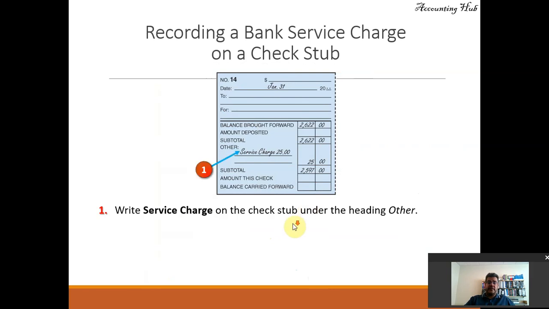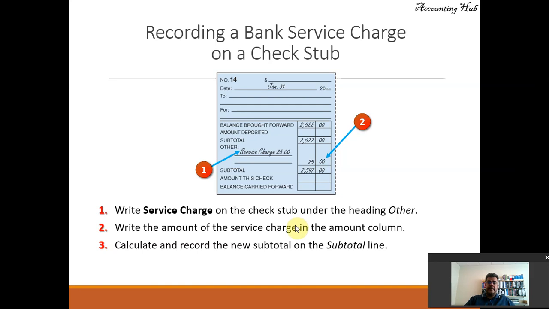Write the service charge, the amount, and the new subtotal in the subtotal line. How do we record it? It is an expense. Remember, it will increase our expenses. We will debit it. It is reducing our checking account, reducing our assets, so we credit it.